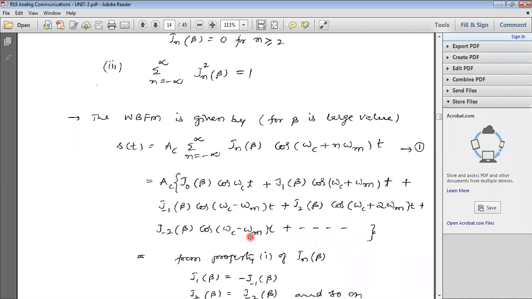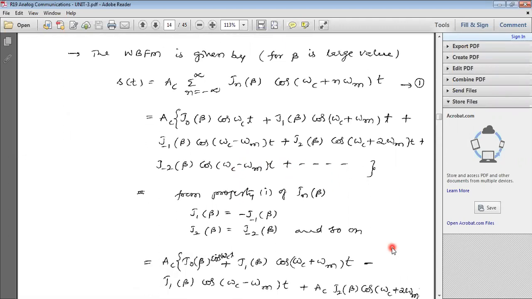So for every n value, we have one upper sideband and one lower sideband. So totally the sidebands that appear are infinite. The most important point is that the sidebands in wideband frequency modulation are infinite. So whenever the sidebands become infinite, automatically the bandwidth also becomes infinite.